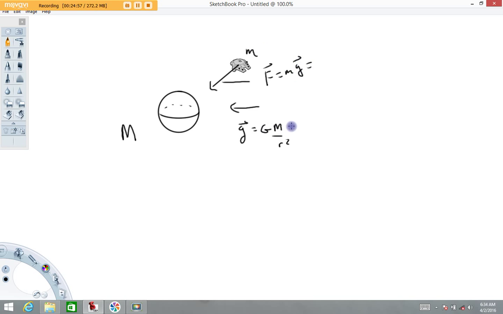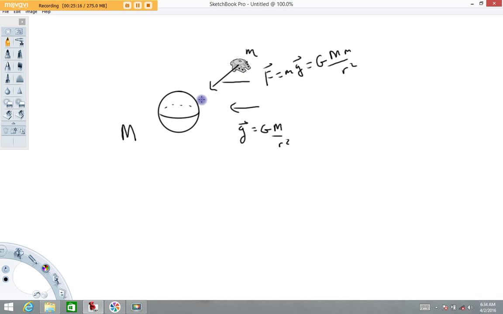By the time you take this and insert it here, what we end up with is big G, big M, little m over r squared. Now, I showed the force on the Millennium Falcon here. Keep in mind there's also a force on the planet, because forces always appear in pairs. Newton's third law: those pairs are always equal magnitude, opposite direction.